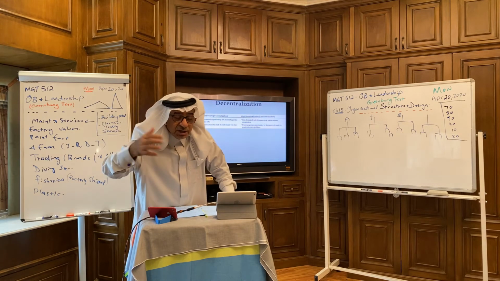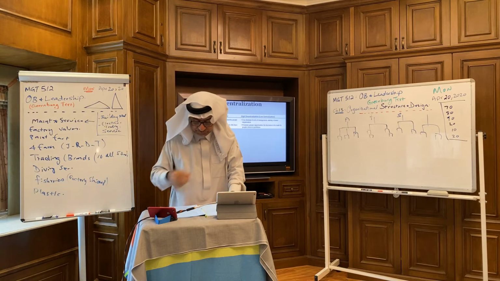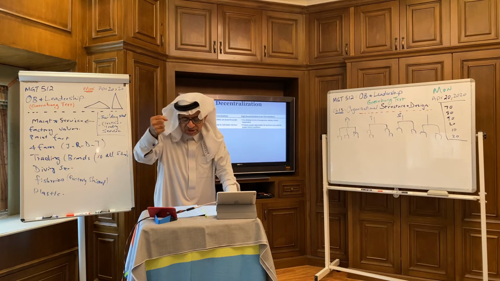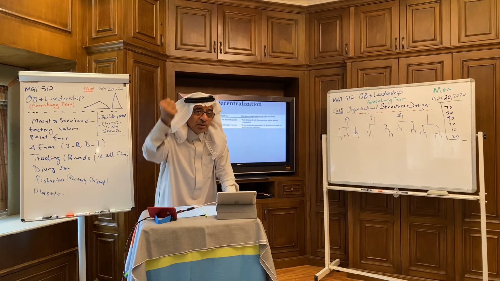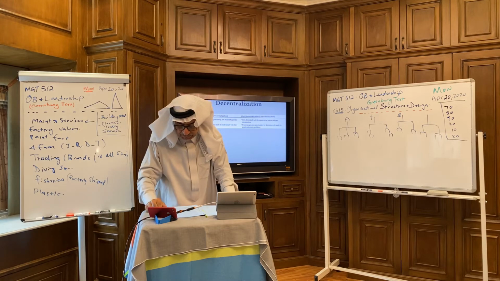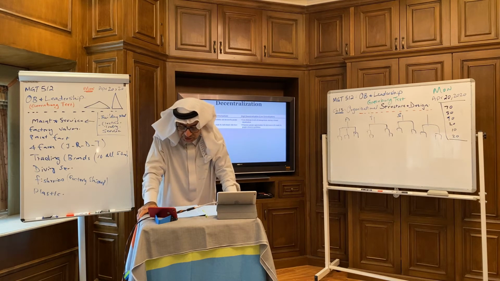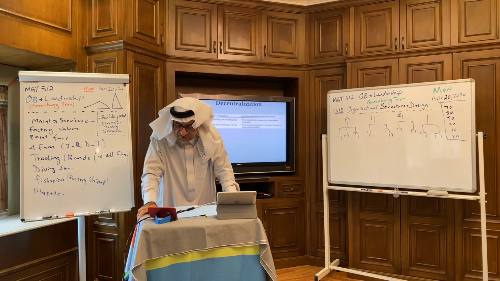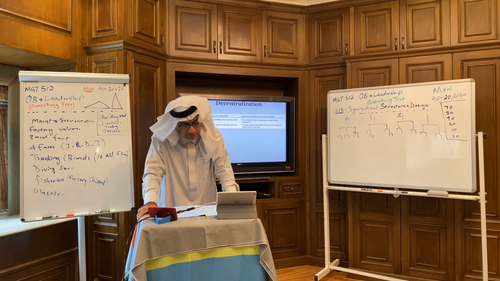Decentralization gives authority, okay, as much as you can. Centralization is the concentration of power at the top management. Centralization is the tendency for just a few powerful individuals or groups to hold most of the decision-making power.